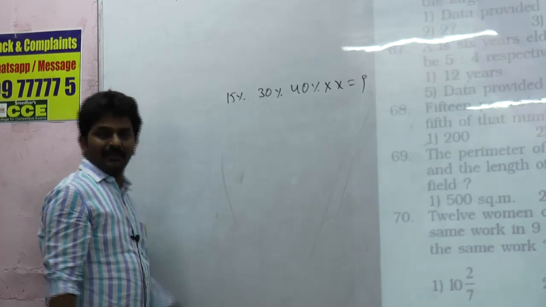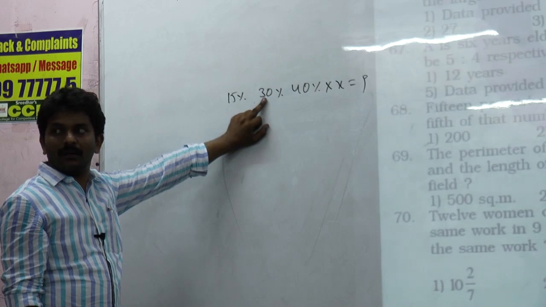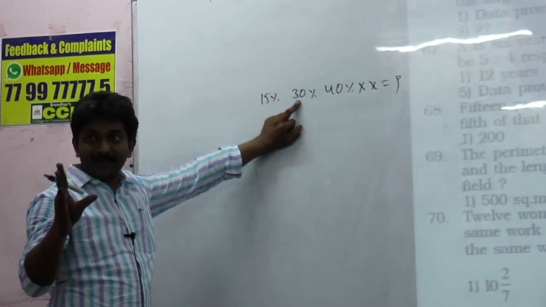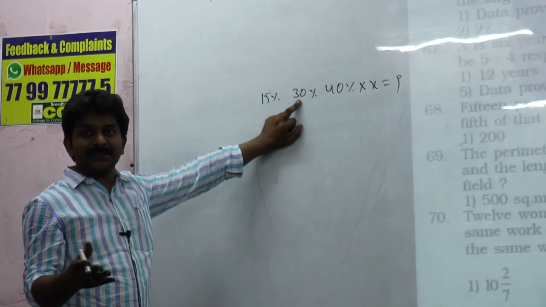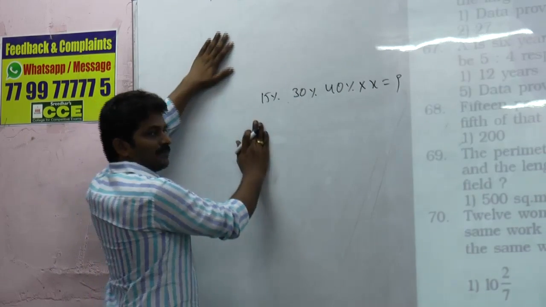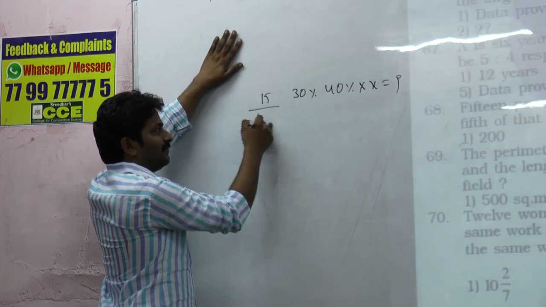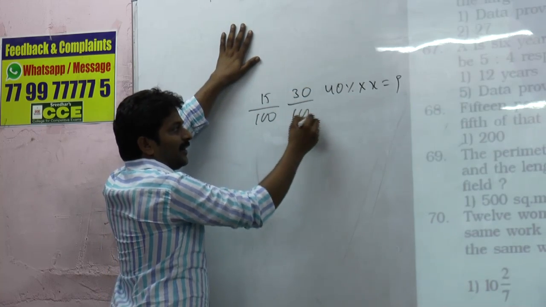15% of 30. What about 10% of this number? 10% is 3. 5% is 1.5. 15% is 4.5%. Take this symbol: 15 by 100, 30 by 100.